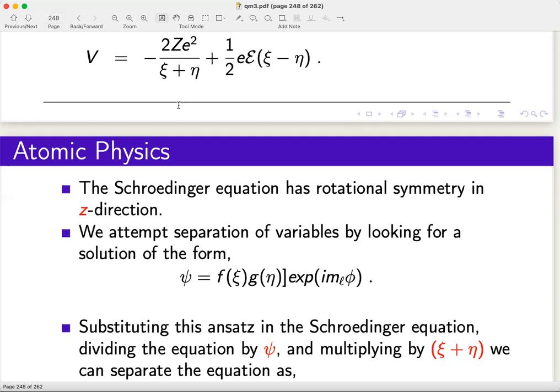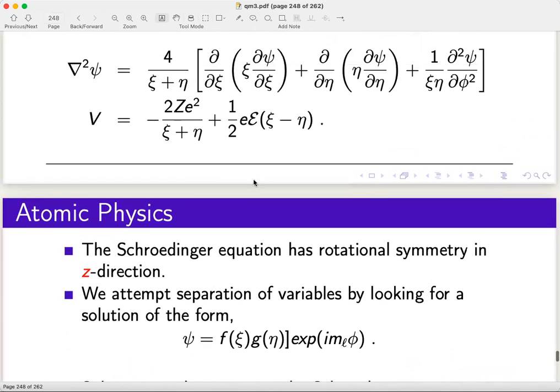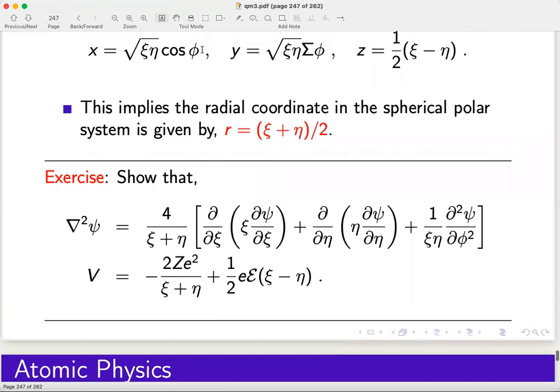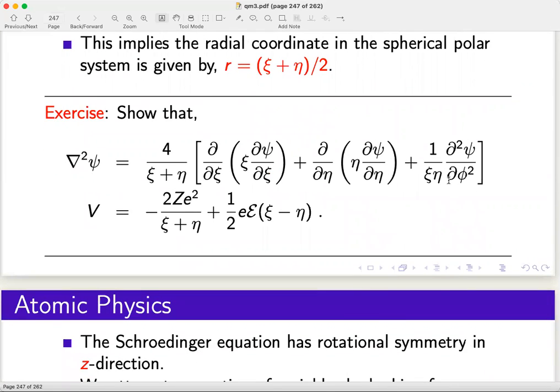So we can use this fact: the z-directional rotation symmetry tells us that the phi coordinate, which is the periodic coordinate in the parabolic cylinder coordinate system, would have the wave function splitting into e to the i m phi.